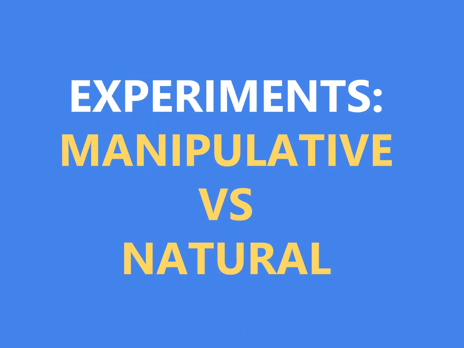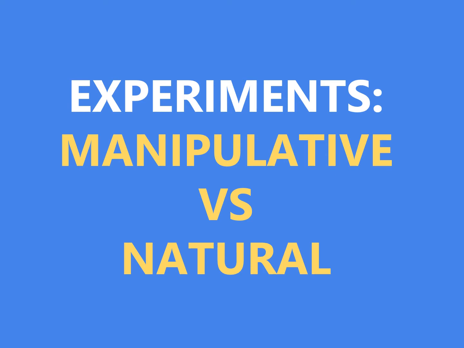What's a little bit different about biogeography is that, as in a lot of field sciences that involve field work instead of lab work, it's natural experiments instead of manipulative experiments.